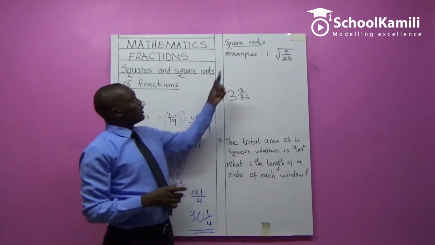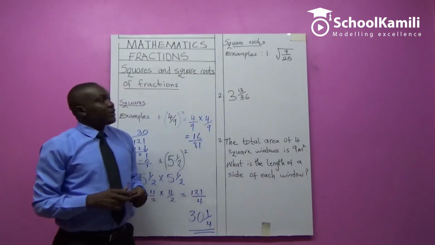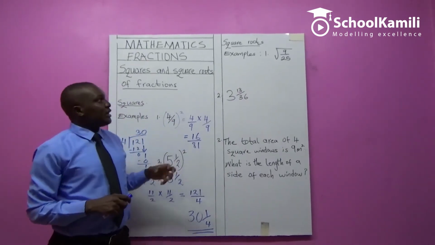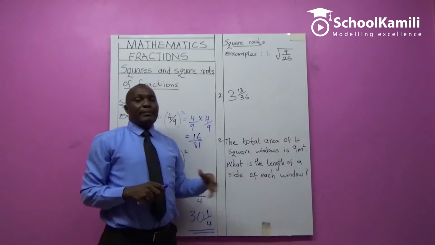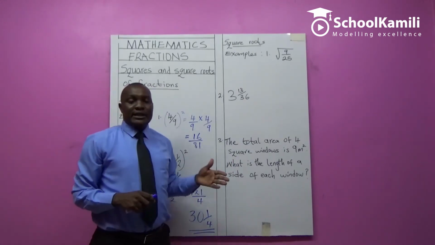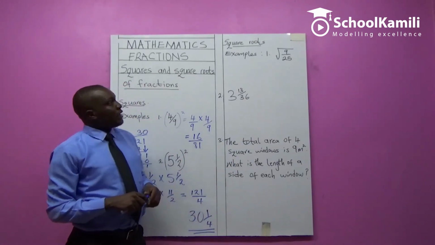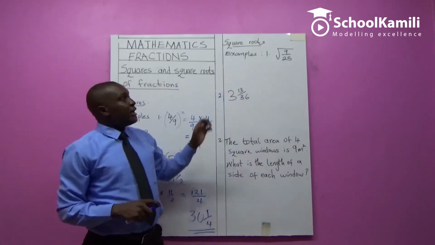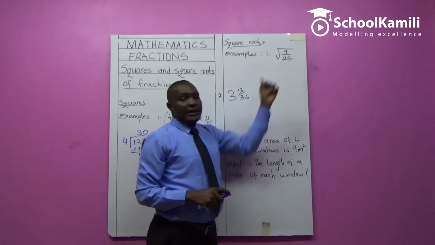I want us to go and look at square roots of numbers. How do you get the square root of numbers? We said that the square root is the number that has been formed by a certain perfect square. If you want to get the square root of a fraction, get the square root of each number separately.